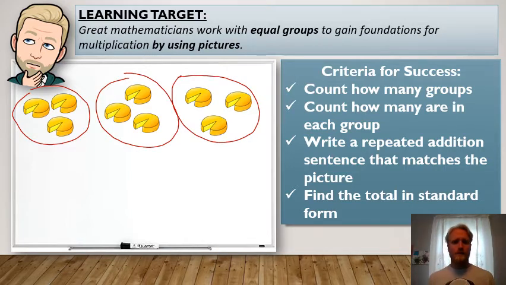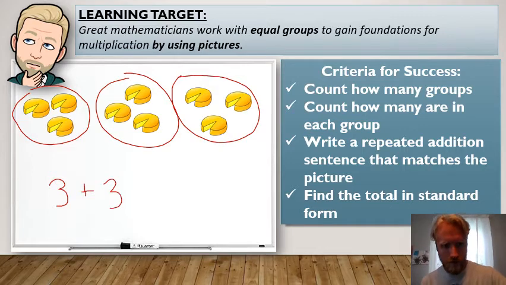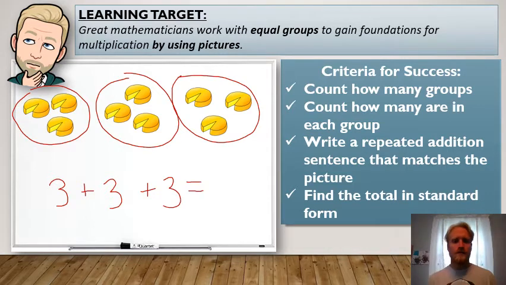Now let's write a repeated addition sentence. It's 3 plus 3 plus 3 equals, all right, I have 3 groups of 3, so 3, 6, 9.